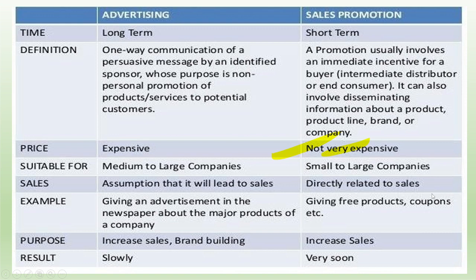The purpose of advertising is to increase sales and build the brand, and the purpose of sales promotion is to increase sales. The result of advertising is quite slow, but sales promotion gives you an instant result.